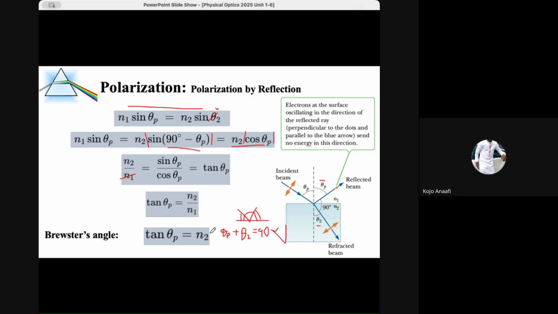Please, I want to have some clarity concerning the Brewster angle, which is theta p. Is it achieved at a point where the reflected ray and the refracted ray are perpendicular to each other? As in, both of them are perpendicular to each other.